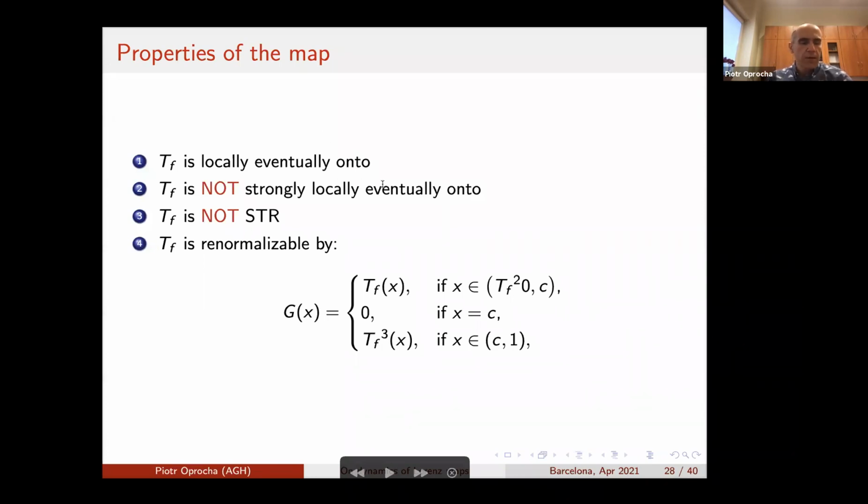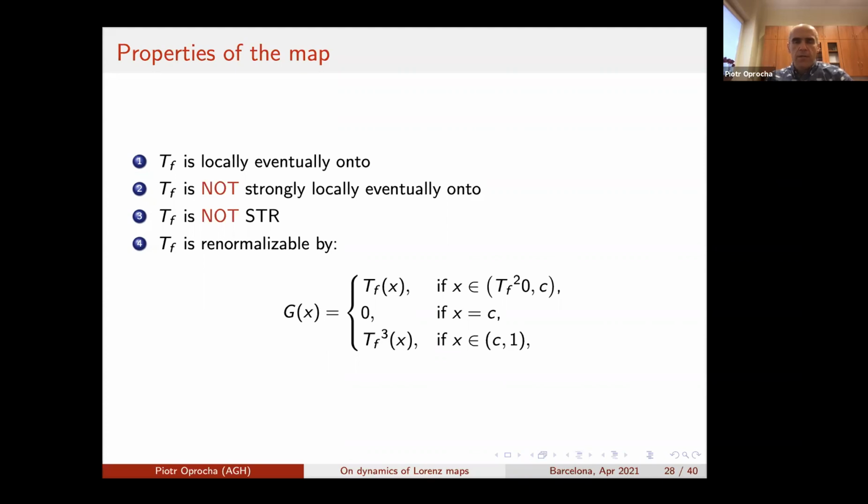But this map satisfies this definition of Glendinning. So in every open set, I can find two intervals that after some iteration will go to the left or right interval in a homeomorphic way. But what will happen is that continuity will break in the middle.